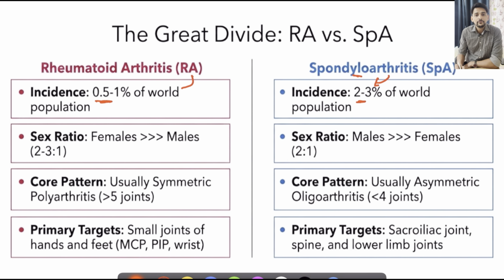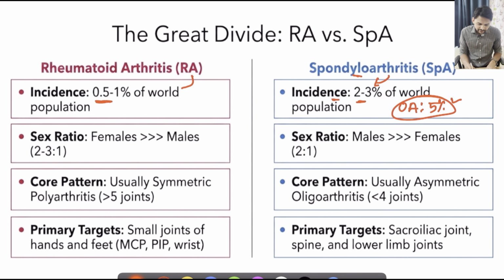And if you compare it with the degenerative, that is osteoarthritis, we will see up to 5% incidence. So in the highest order of incidence, osteoarthritis is very common, then comes spondyloarthritis, and the least common will be rheumatoid arthritis.